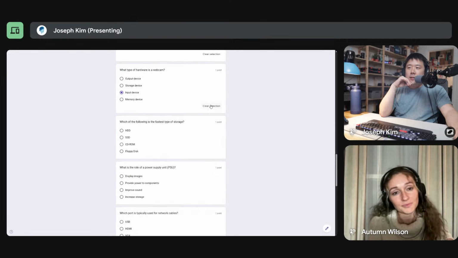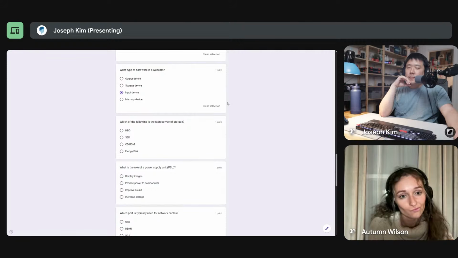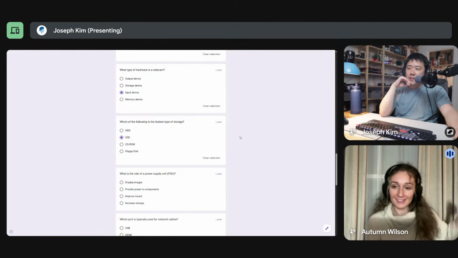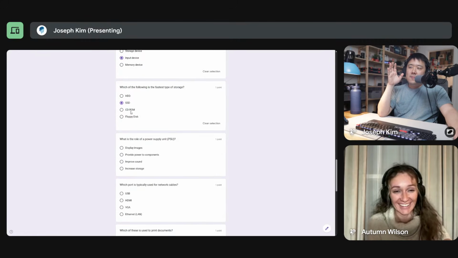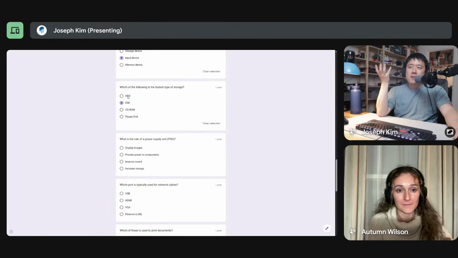Which of the following is the fastest type of storage? I kind of gave you this. SSD. Correct. Yes, you're learning. Floppy disk is very slow. CD-ROM is faster. Hard disks are faster, but solid states are known to be the fastest.